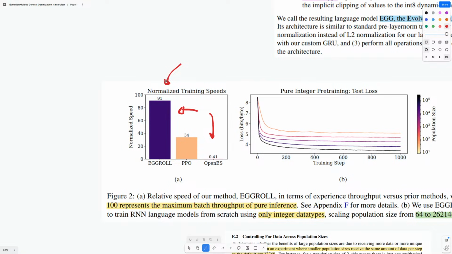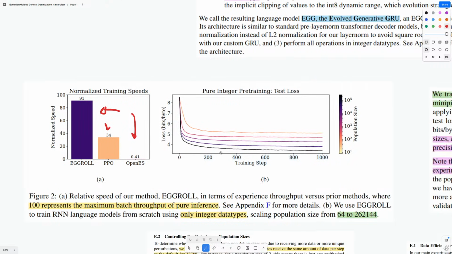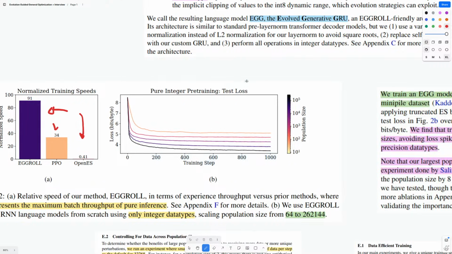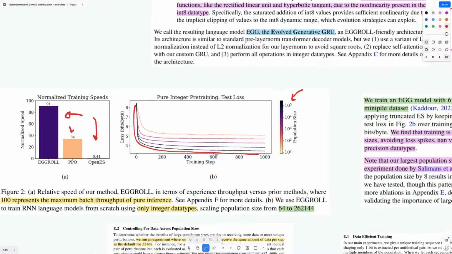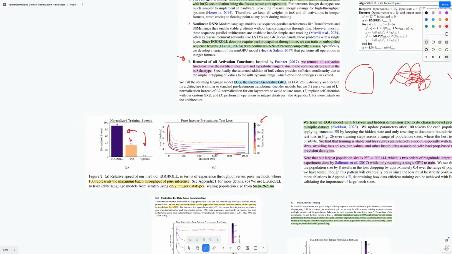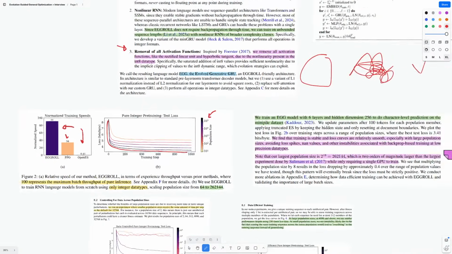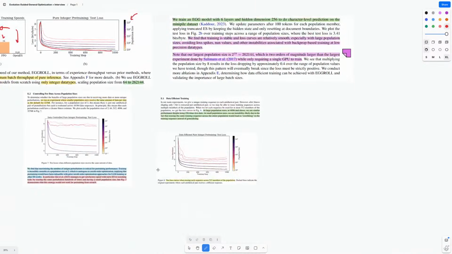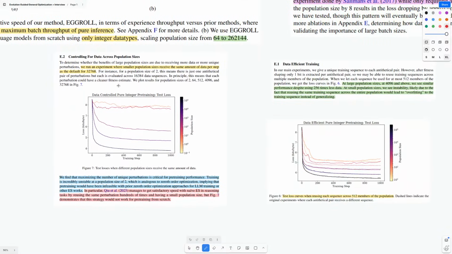It's really performant, and more performant than PPO over here. And the population size matters for the performance, right? As you have more population, the performance is better and better at the specific task they were working with. They did a few more ablations here on the actual population size needed.